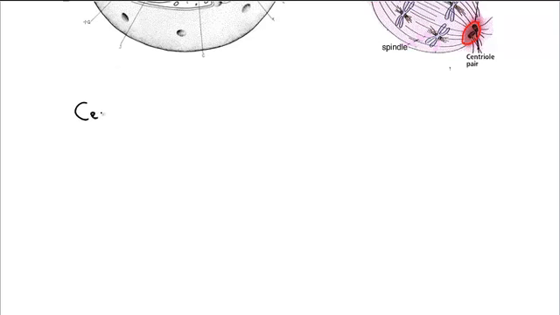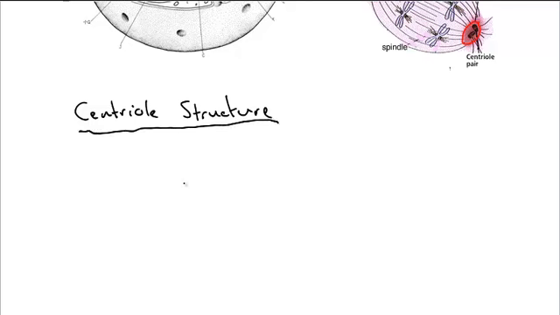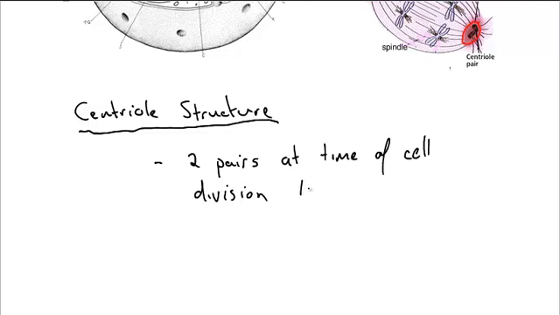Centriole structure: there are two pairs at the time of cell division, located at opposite poles of the cell.